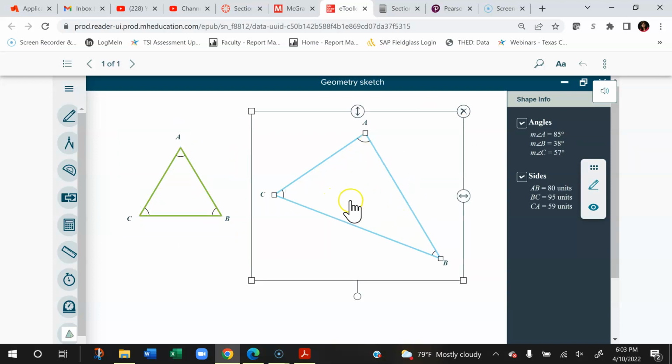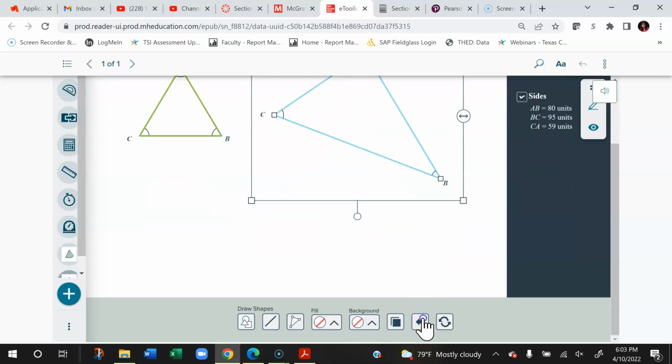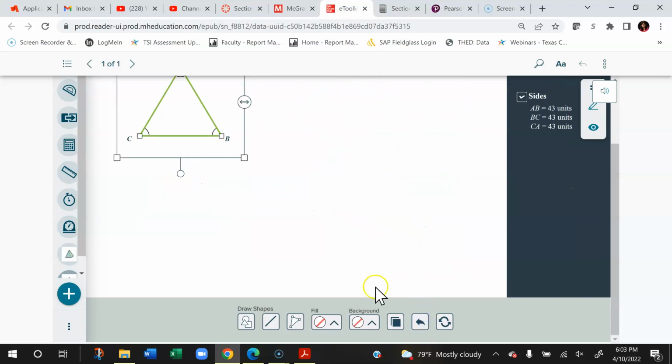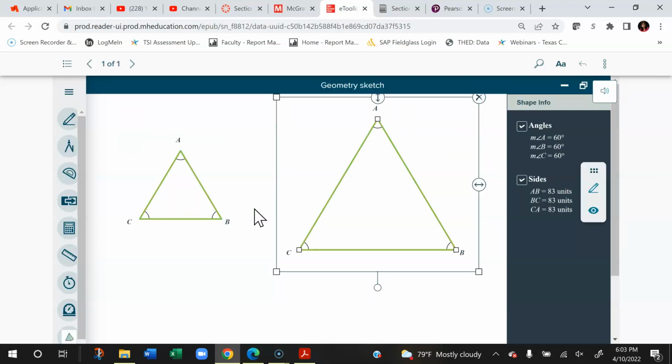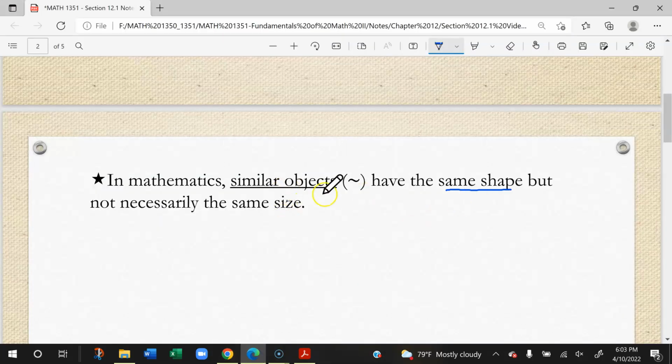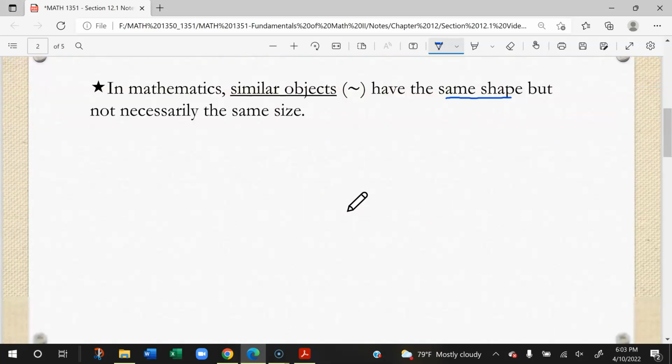So this is not a similar triangle, whereas the previous one was. Okay, so remember, if I do this and enlarge, these two are still similar triangles. And so that's what similar objects mean.